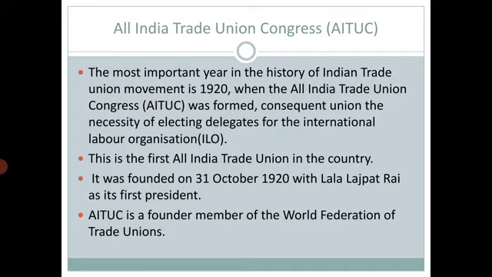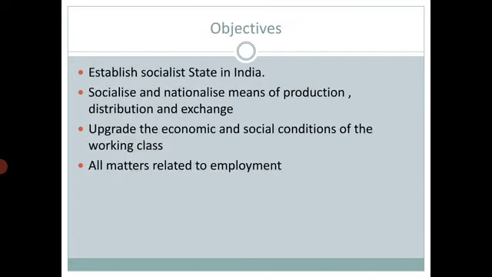Now whenever we consider AITUC, it is a founder member of the World Federation of Trade Unions. Getting it? So let's see what are the objectives with which the All India Trade Union Congress was formed.